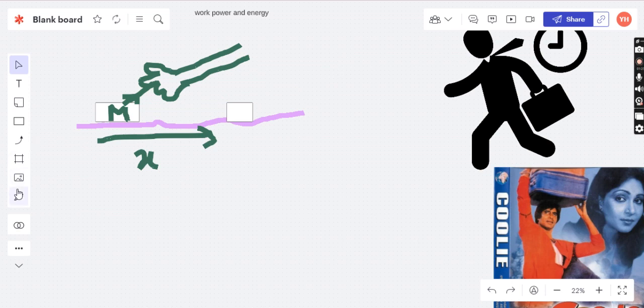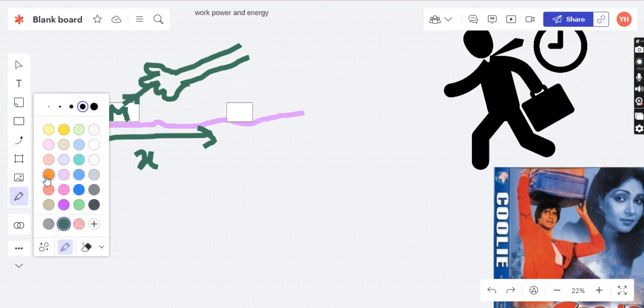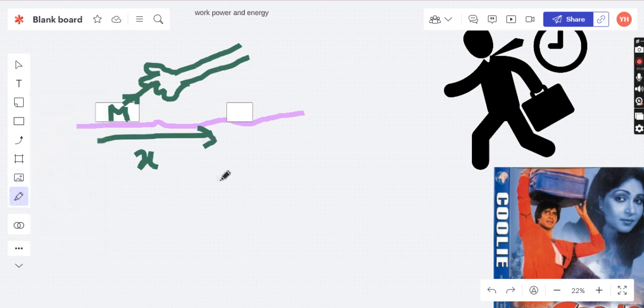Which force, or which component, is responsible for displacing a body in the x direction? If we just focus, we can identify that there are two components acting here. Let's draw it so that it will be more clear. This is a thread which the boy is pulling toward himself.